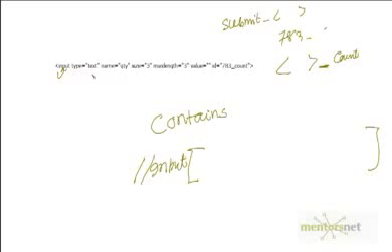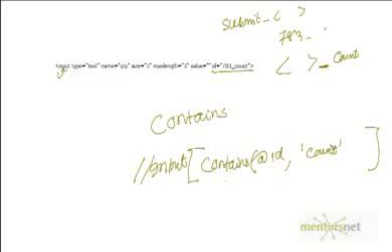Then we open brackets, and inside we use this function called contains. Then we give @id, comma, and the static part, count. That's all.